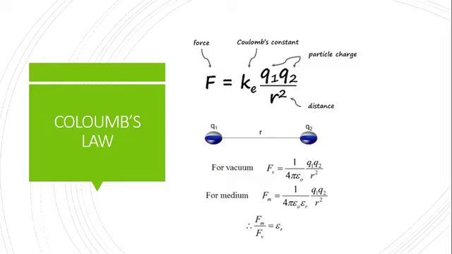This is a further explanation of Coulomb's law. We see that this constant K is equal to 1 over 4 pi epsilon subscript 0. Epsilon is a Greek letter, not E. It is used to show permittivity, and we'll talk about what permittivity means.